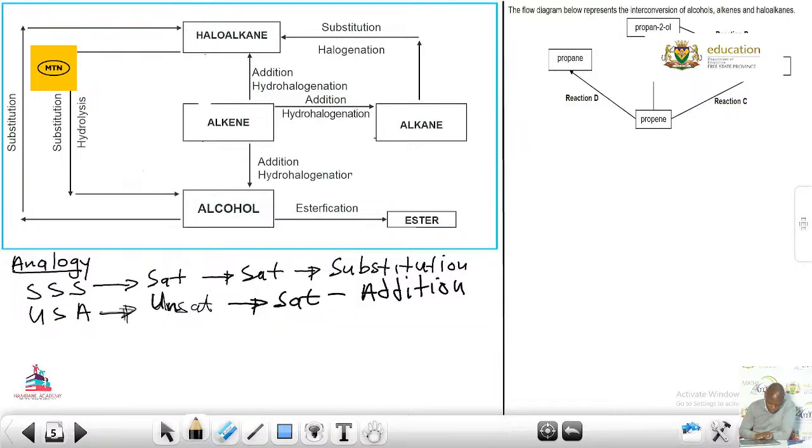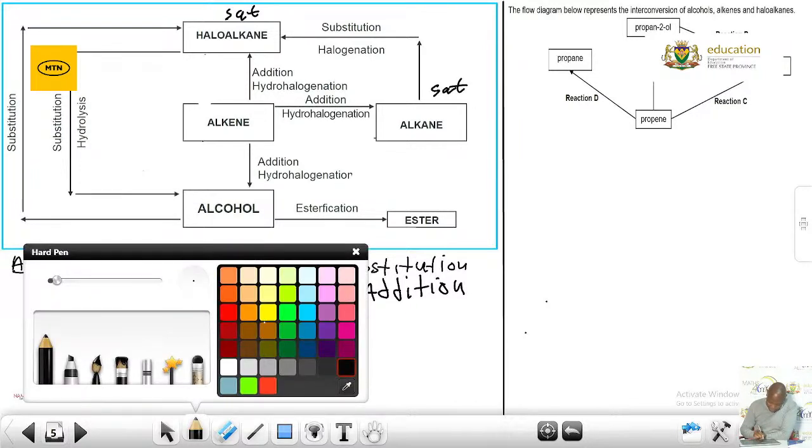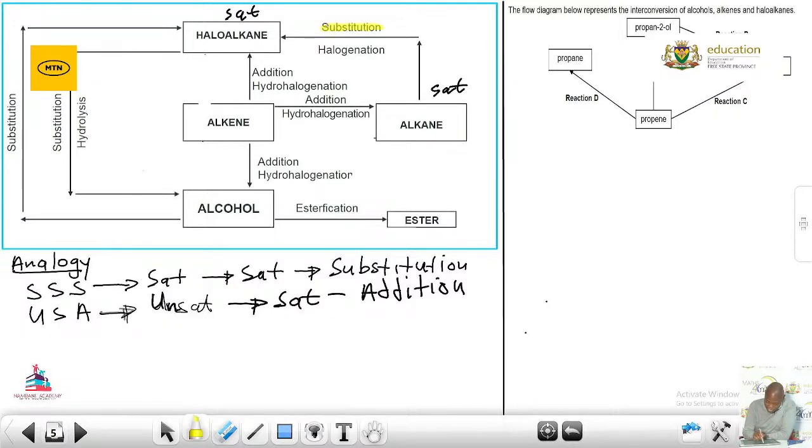So I'm going to apply this analogy to the diagram above. When I look at an alkane, it is saturated, and moving to a haloalkane, it is also saturated. That is why we can say definitely that the reaction must be a substitution reaction.